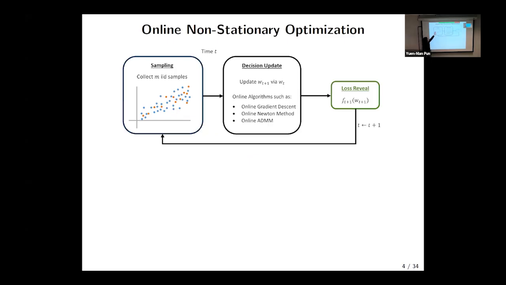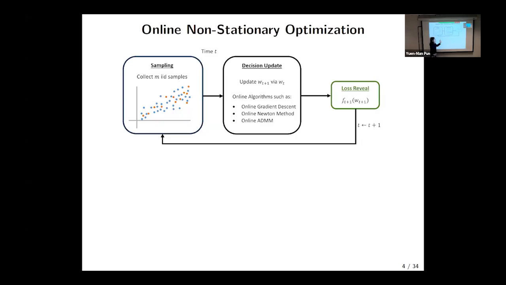At each time step, we collect m i.i.d. samples. Then using these samples, we approximate the function ft to gain some information about ft. And then we update our new estimate wt + 1 using wt, and also the information at time t, to make the estimate wt + 1 for the next time step without knowing ft + 1.